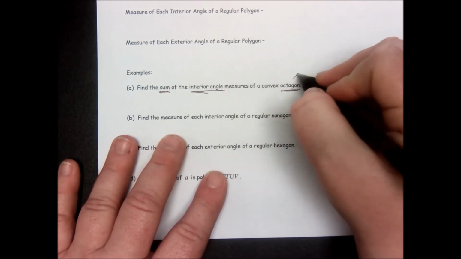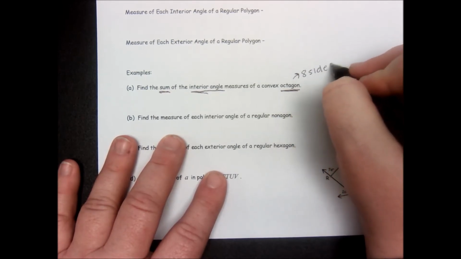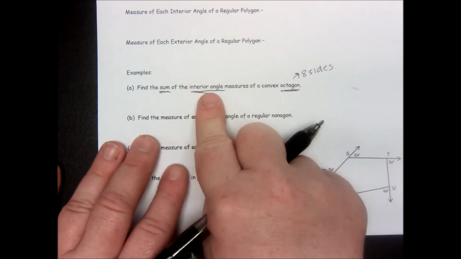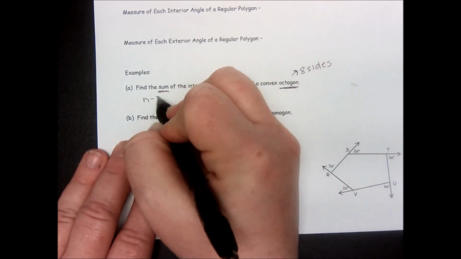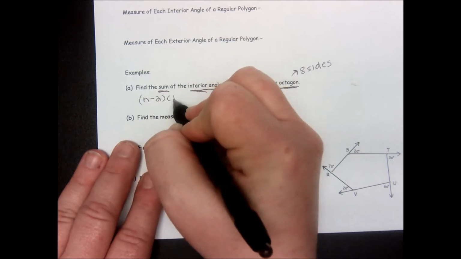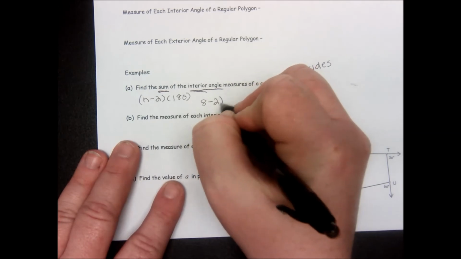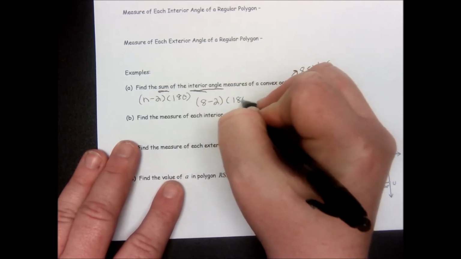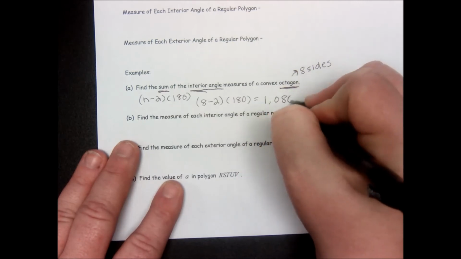And I know an octagon has 8 sides. So since it says the sum of the interior angles, I know my formula is going to be n minus 2 times 180. So that means 8 minus 2 times 180, and that's going to equal 1,080 degrees.